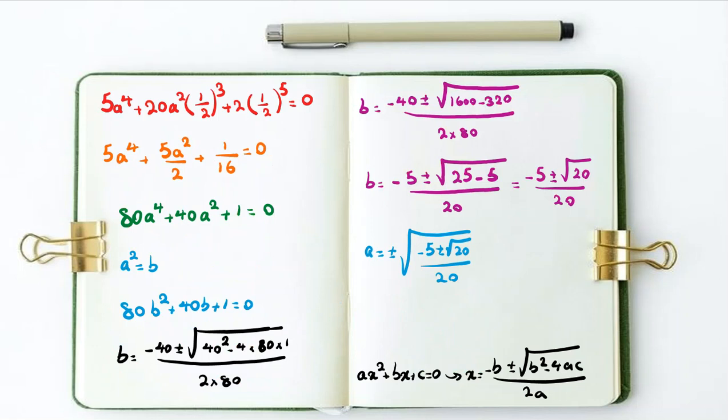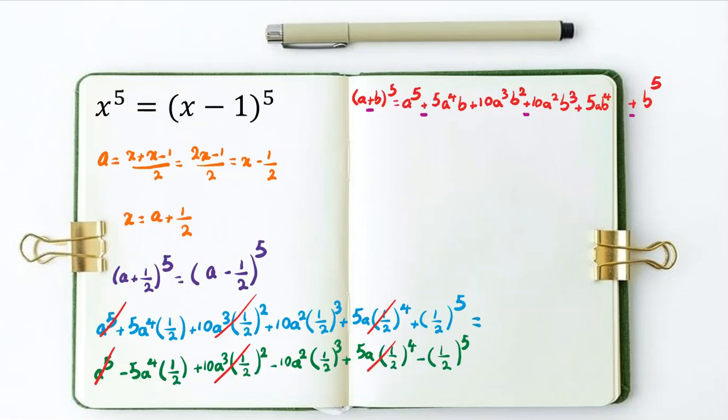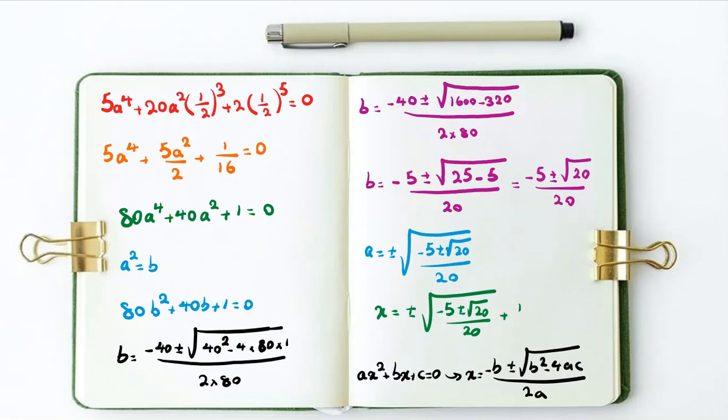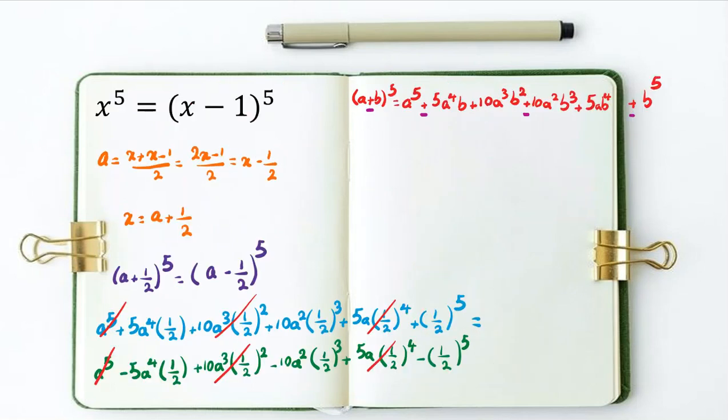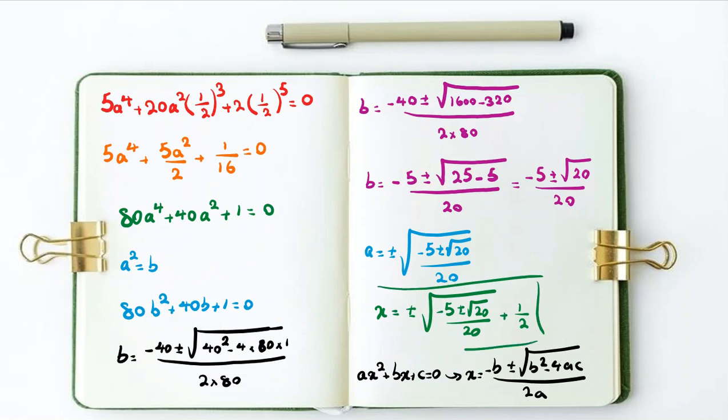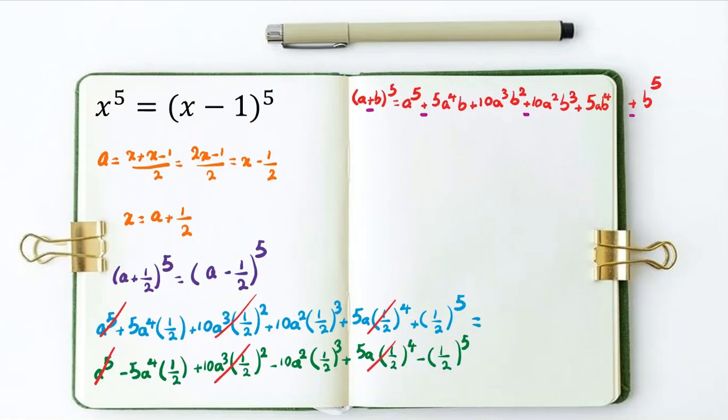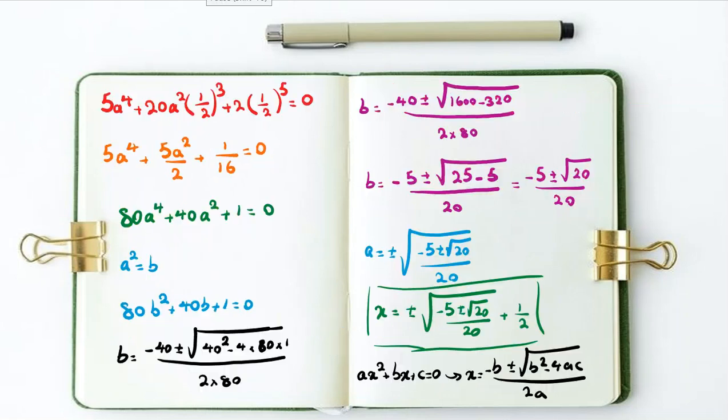So here we can say x equal to plus minus the square root of negative 5 plus minus root 20 over 20, plus 1 half. Okay, x is this. Now we found two answers. Also here, plus minus, 4 answers. So we can see we have only these 4 answers, plus minus, all possible cases.